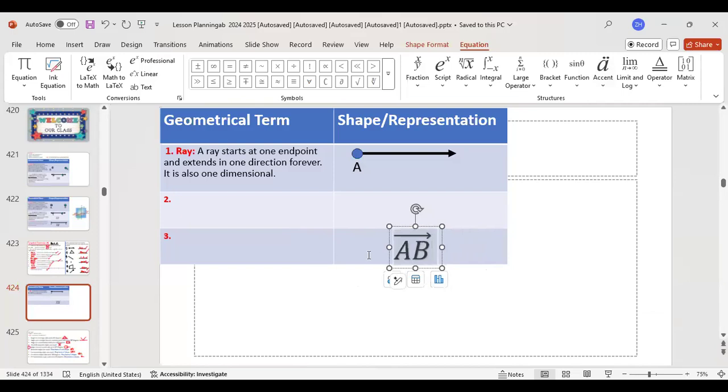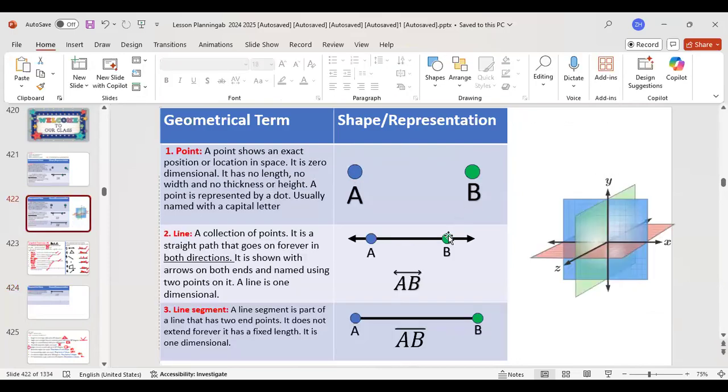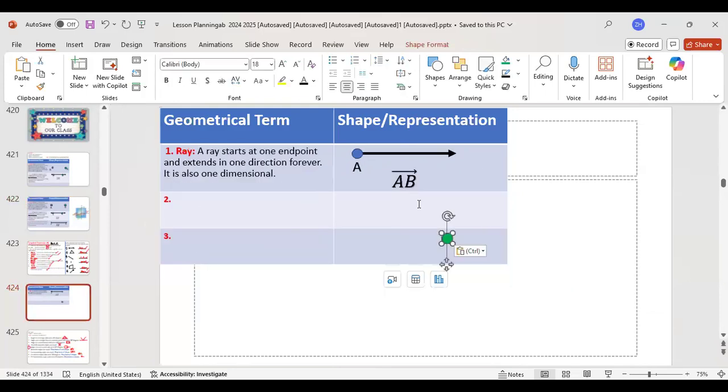Notice that the top changes, right? So it's gonna be like that. And then let me use just small b. So that is your ray, folks. Call this ray AB.